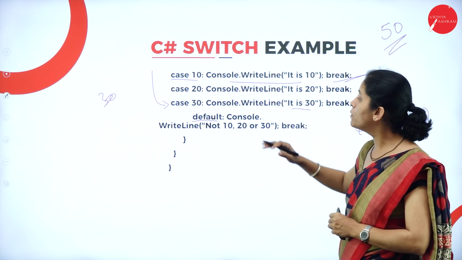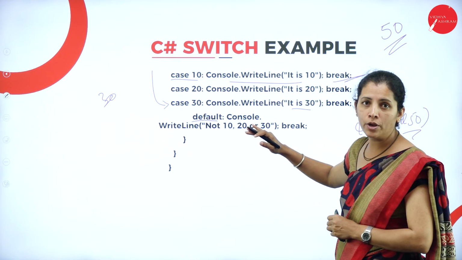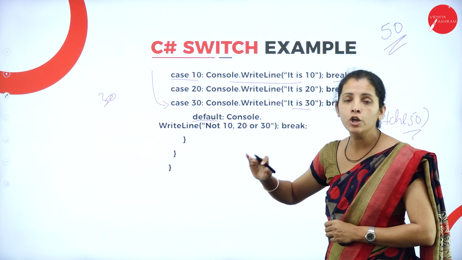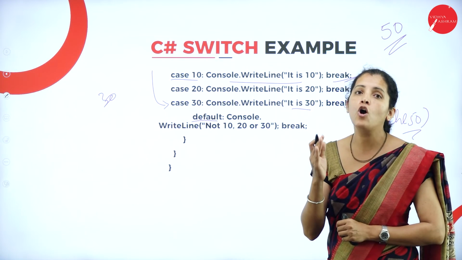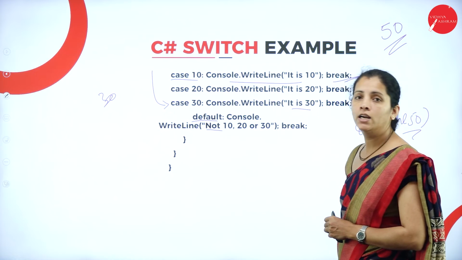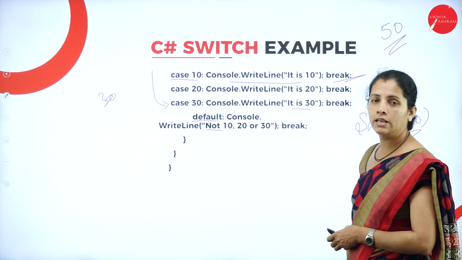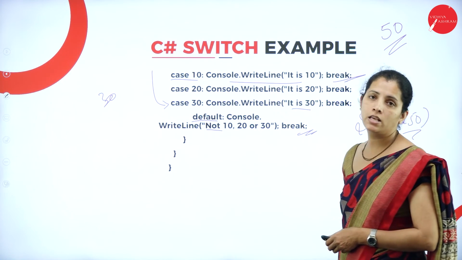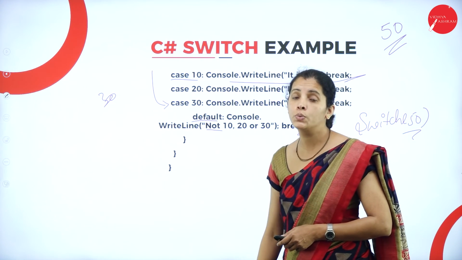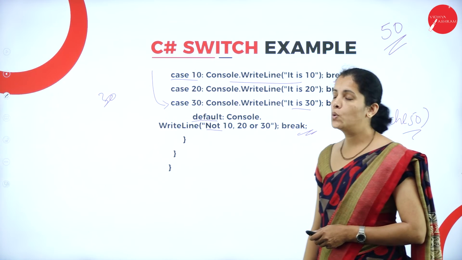So here I'm going to give the information to the user that whatever number you pressed, it is a wrong option. So not 10, 20 and 30, and break the execution. So this is the way I can use switch statements in my program.